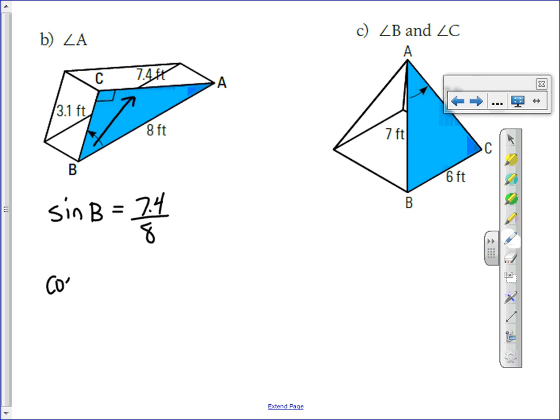You could also use cosine, which is the adjacent side, 3.1 over the hypotenuse of 8, and you could also use tan, which is opposite over adjacent.